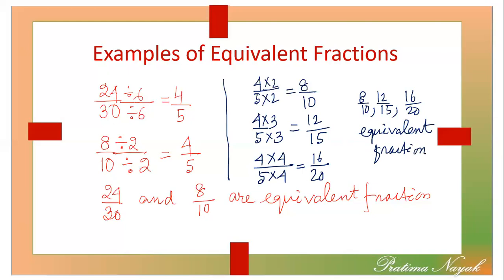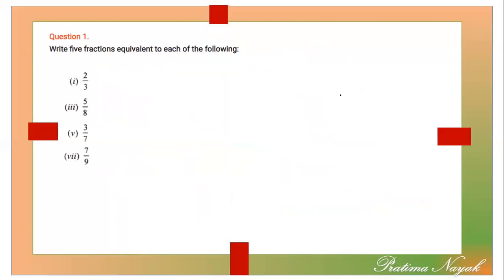Then we'll go for exercise questions. Question number 1, write 5 fractions equivalent to each of the following. First is 2 by 3. We'll make some equivalent fractions starting from 2 by 3. No problem, just multiply 2 in both the numerator and denominator. So I am multiplying 2. I am getting 4 by 6.